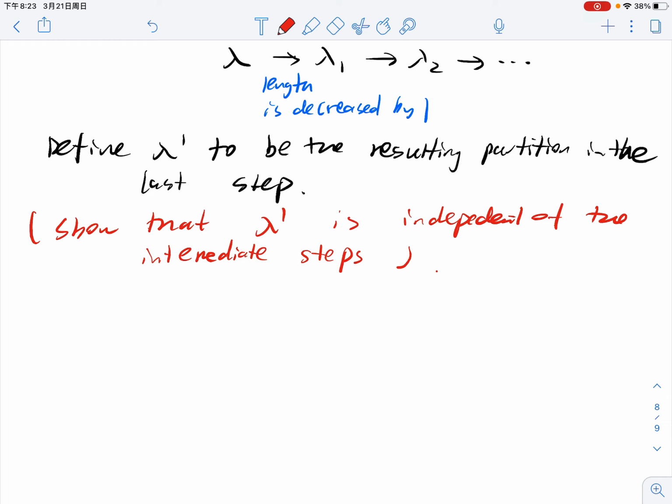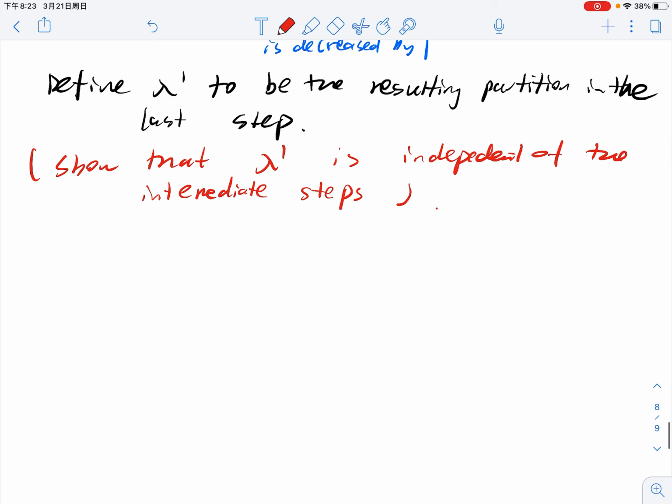So for different choices, you might have different intermediate steps. But to construct a well-defined map, you do need to verify that the final result, lambda prime, is independent of the intermediate steps. Suppose this is done; I leave it to you.